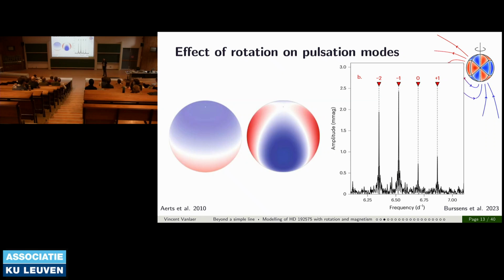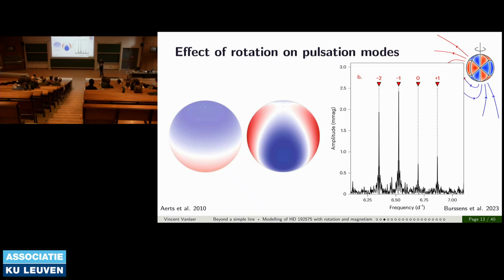If we want to know what a rotationally split multiplet is, we need to understand how rotation affects the pulsations. Let's start with a non-rotating star. Picture a sphere, and there is a pulsation going on in that sphere. If you then choose some axis through that sphere, which will be the rotation axis later, you can essentially split your pulsation into three types of components.